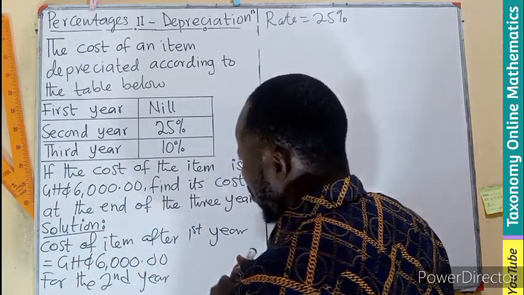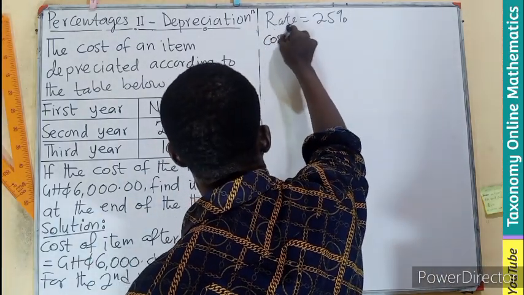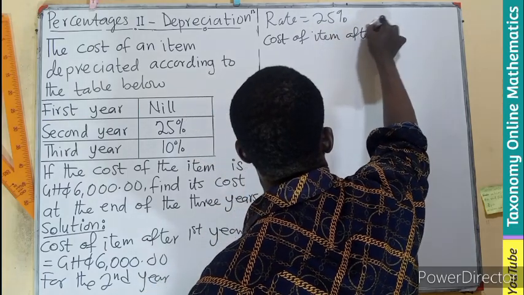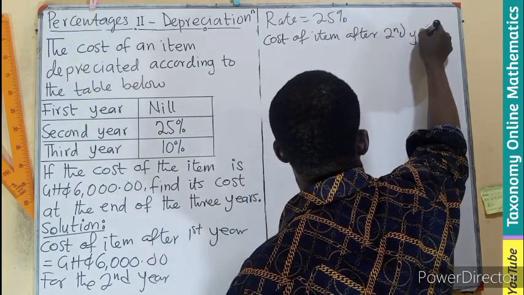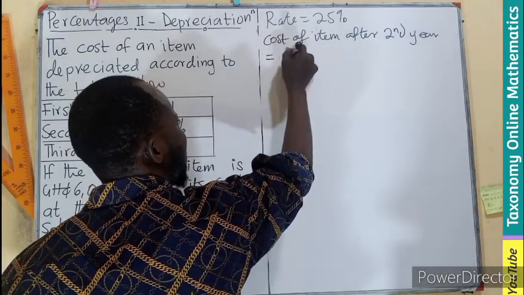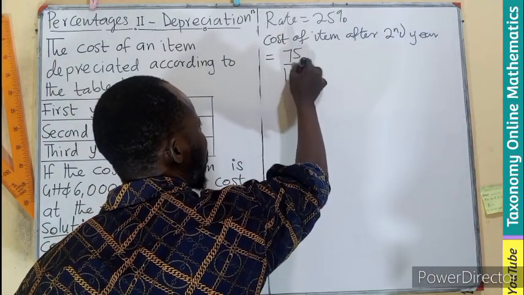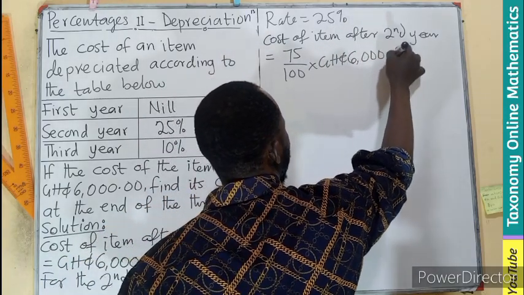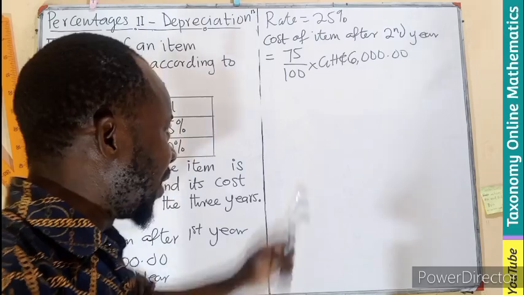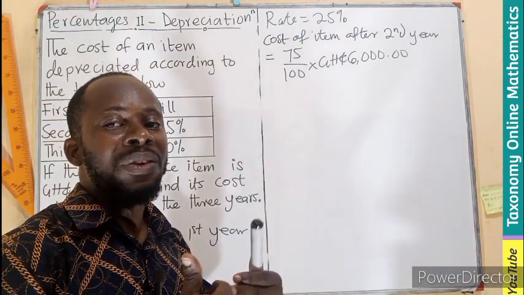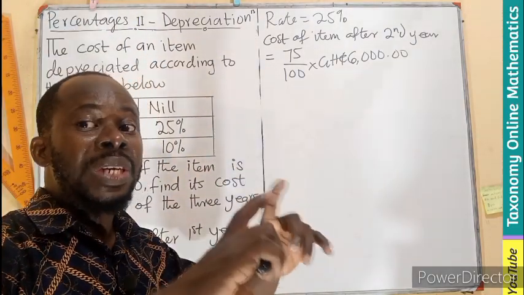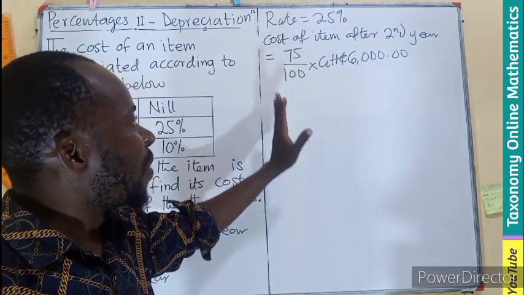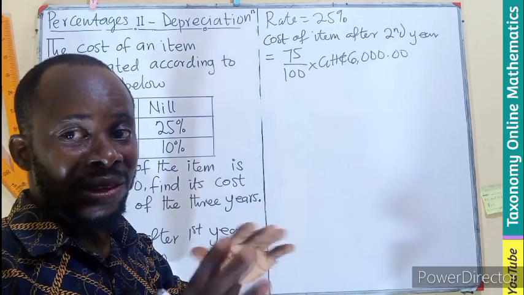So I can say that the new value or cost of the item after the second year will be 75% of the cost of the article at the end of the first year. We are seeing the 25, but you can work with the 25 as the depreciated value, which in this case will be 25 over 100 times 6,000, so 1,500.